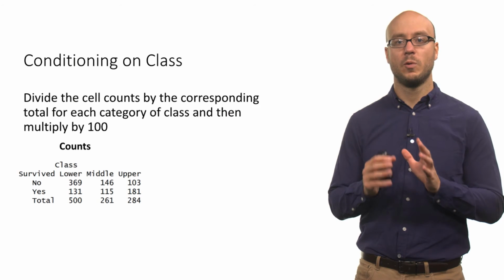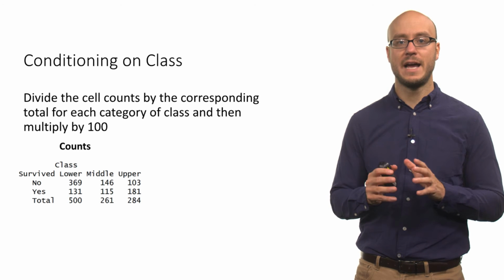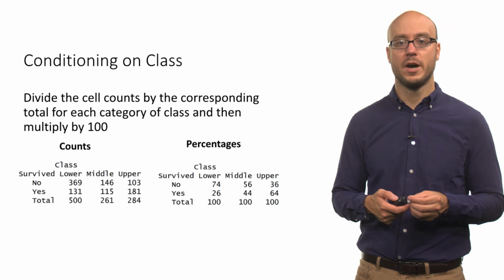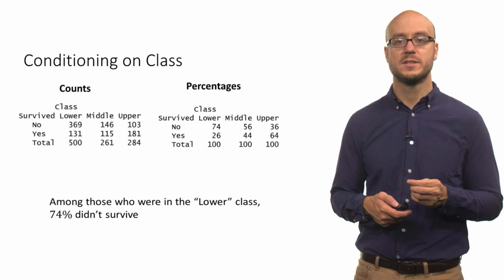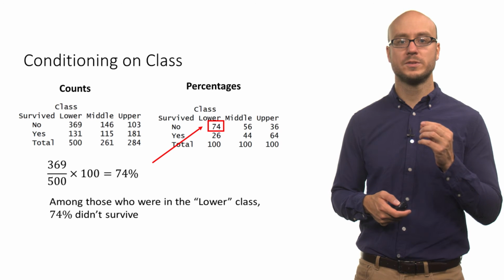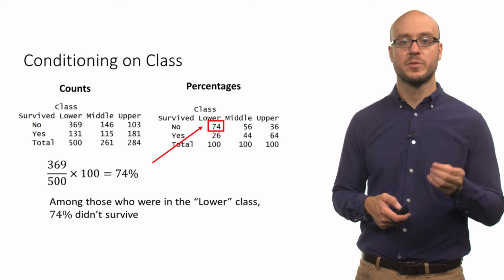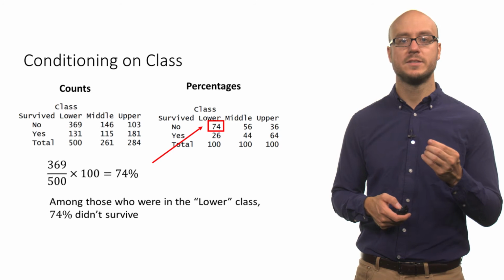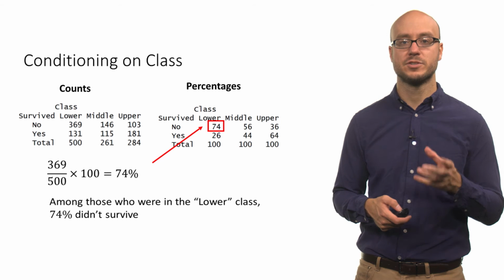Now, a different approach is to condition on passenger class. We divide the cell counts by the corresponding total for each level of class and then multiply by 100, converting from counts to percentages. Let's go through a few examples. We take the cell count 369 and divide it by 500, the total number of passengers in the lower class.